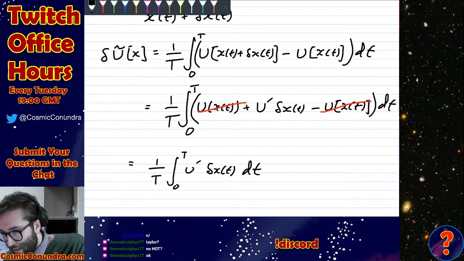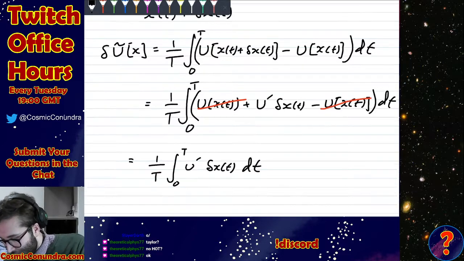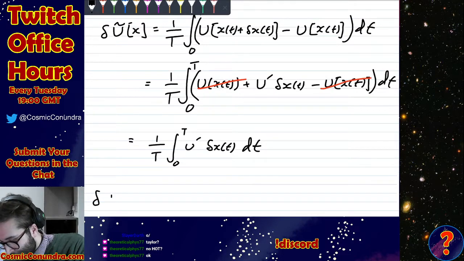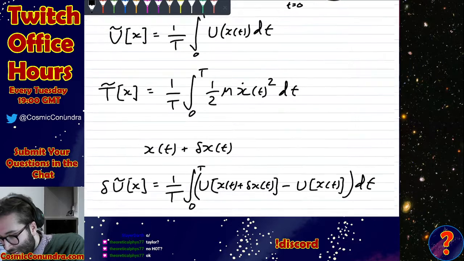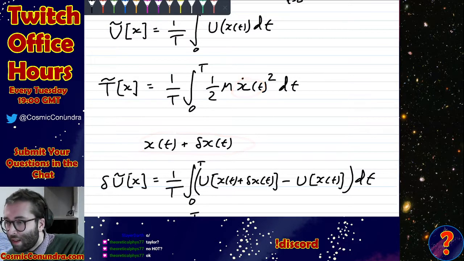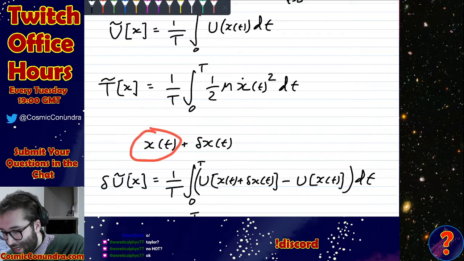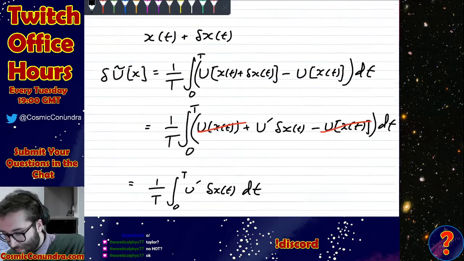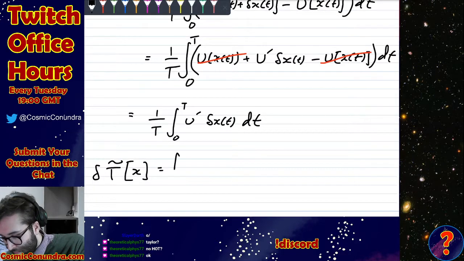Now let's do a wiggle in the kinetic energy. So again, that is going to be the kinetic energy evaluated now at this point rather than at x(t), minus the kinetic energy evaluated just at x(t) without the wiggle. Oh, forgot the 1 over t.